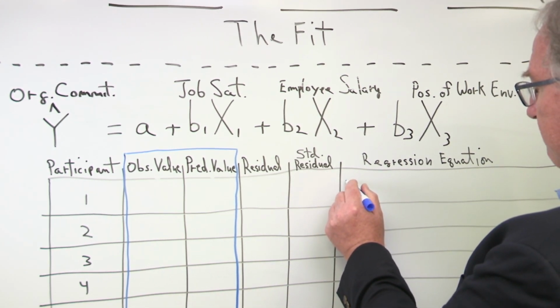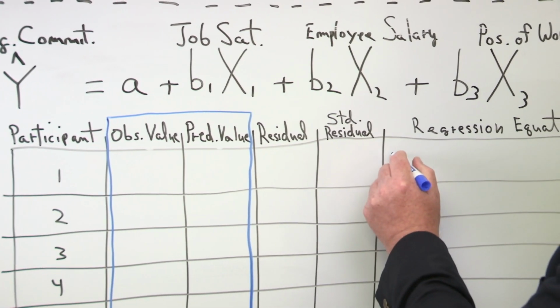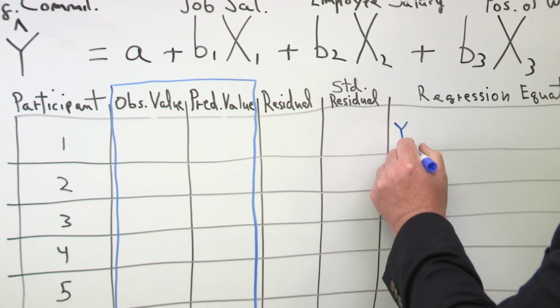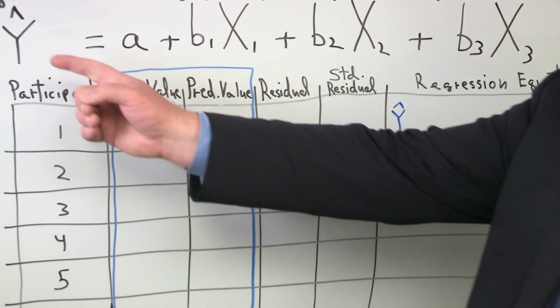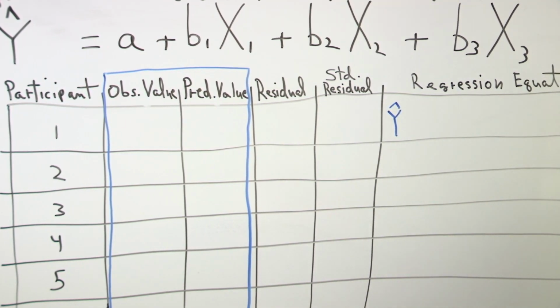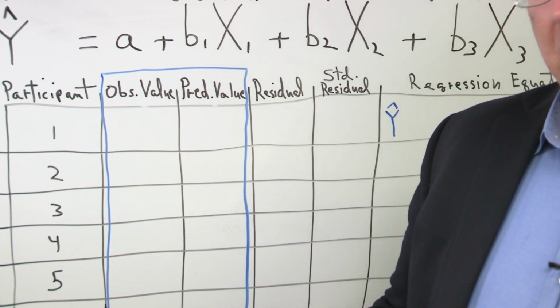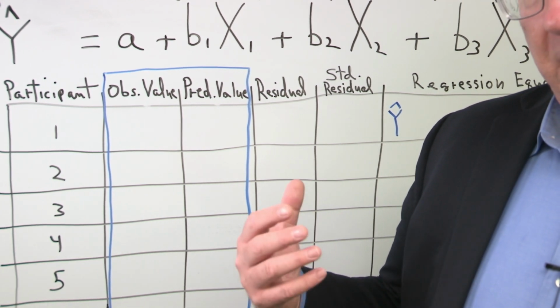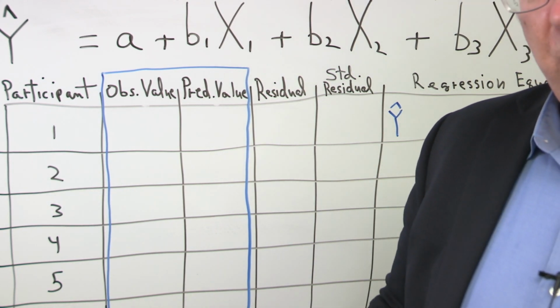We'll do this in blue. So here we have y hat, and that's the predicted value from the model of each participant's score on the outcome variable measure.